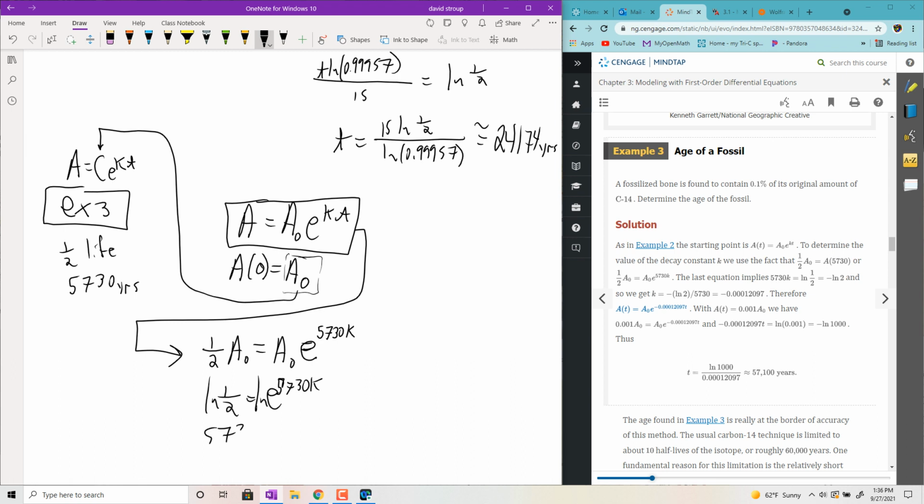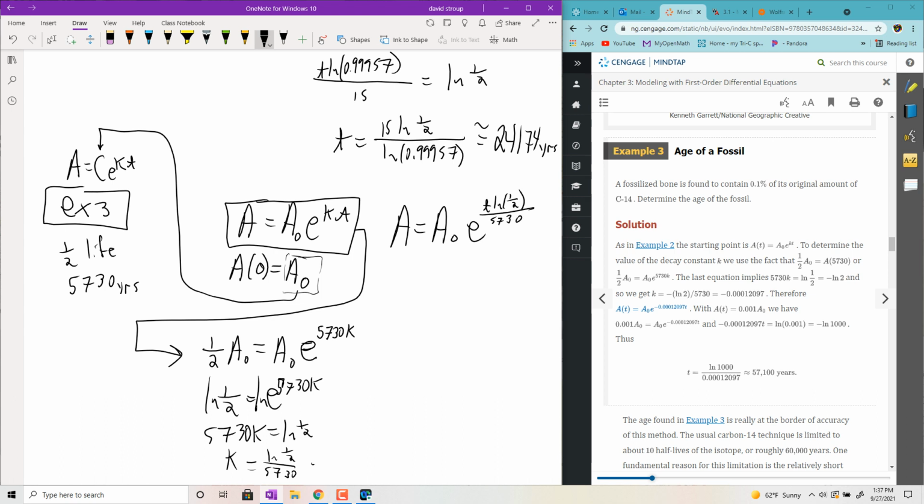You get 5730k equals ln of 1/2. Divide both sides by 5730: k equals ln of 1/2 divided by 5730. I don't like to use approximations, so I'm not even going to approximate that. I'll plug it back into my formula for k. So now officially my formula is A equals A sub 0 e to the t ln of 1/2 all over 5730.